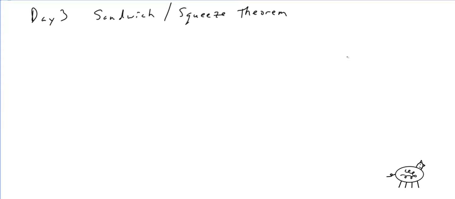Okay, so the sandwich or squeeze theorem, basically, if we can't find a limit directly, we can find it indirectly using the sandwich theorem.